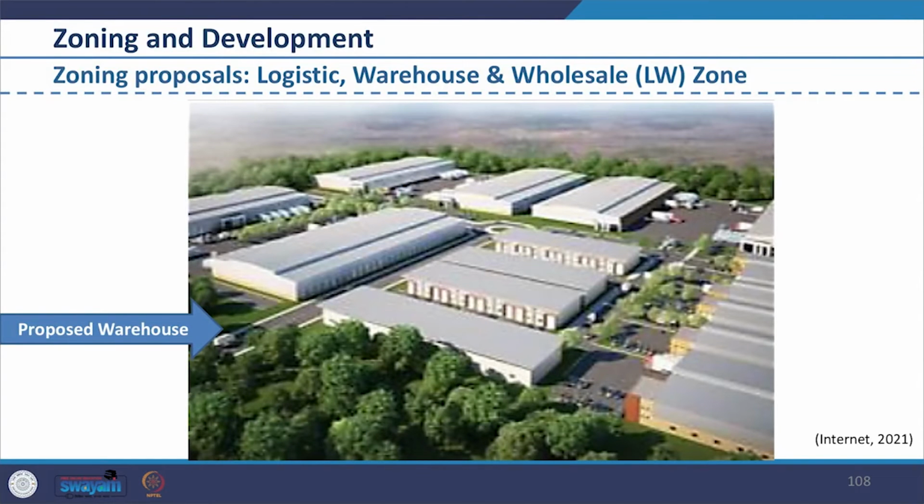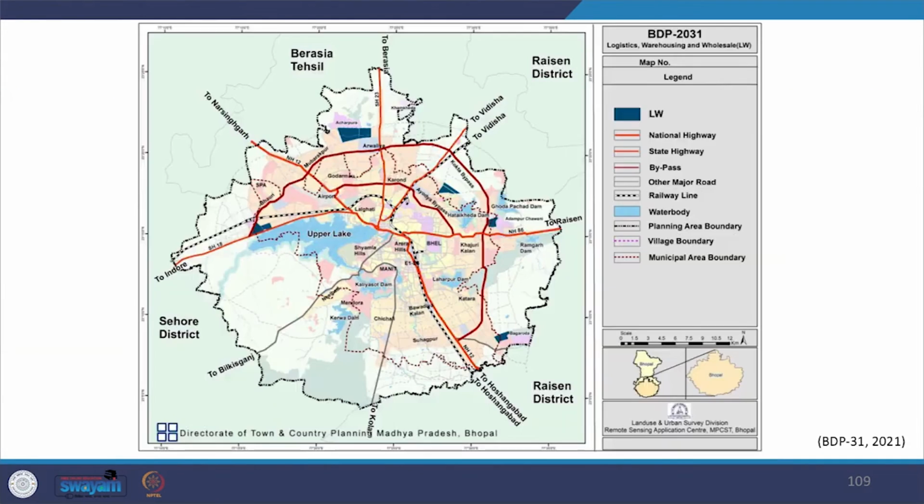Similarly, we see that in the development plan, logistic, warehouse and wholesale zone has been proposed. This includes logistics, warehousing and wholesale. This zone is demarcated to support commercial and industrial activities in Bhopal planning area.